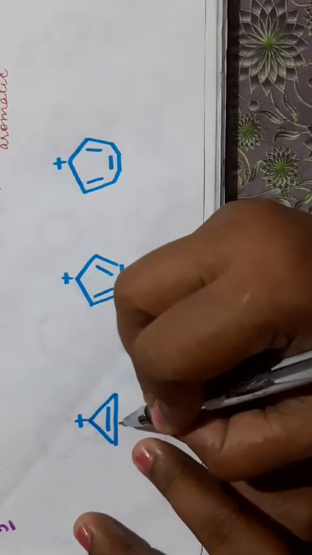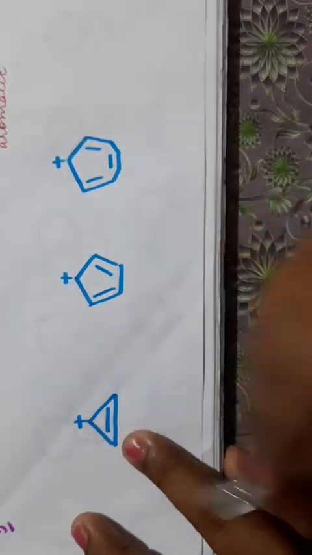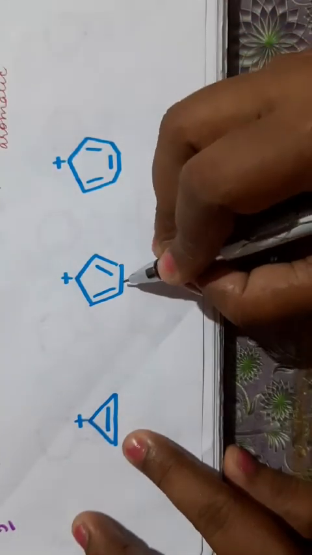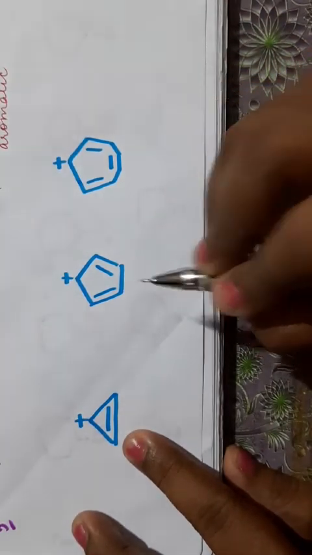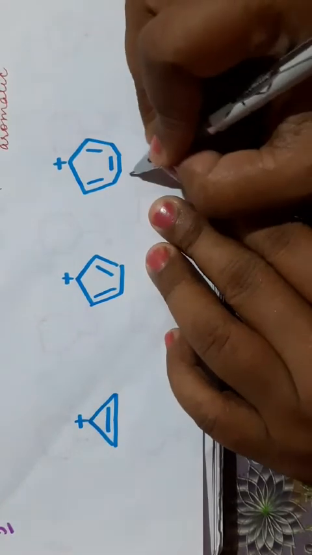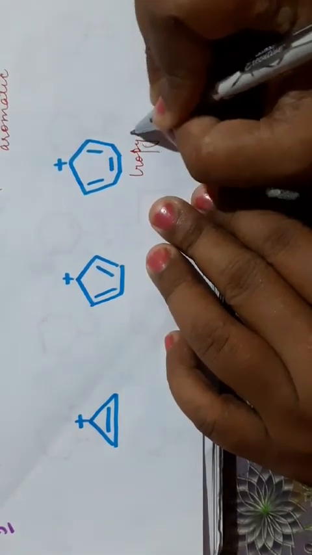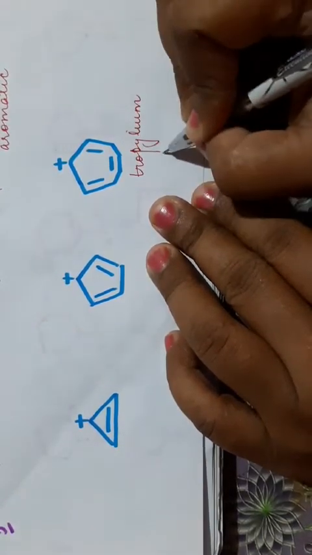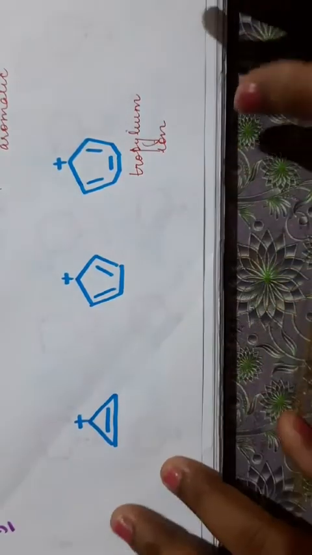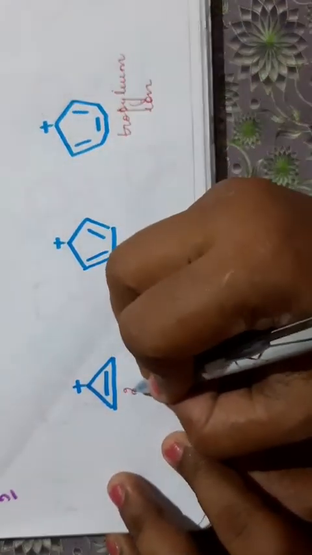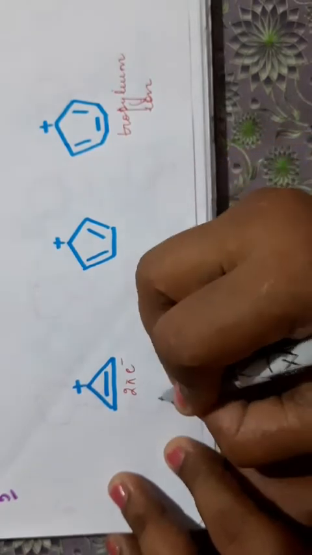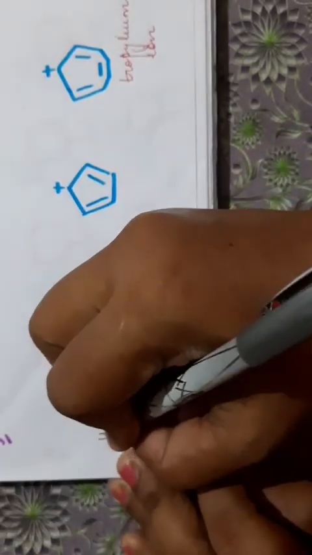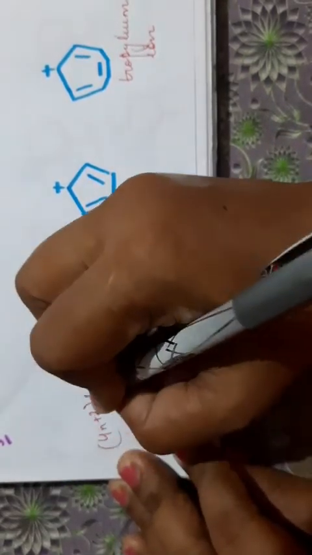Now here this is cyclopropenyl carbocation, here it is cyclopentadienyl cation, and it is tropylium ion. Now you have to check whether it is aromatic or not. Here there are 2 pi electrons. 2 pi electrons means they should satisfy the 4n plus 2 pi electron rule.